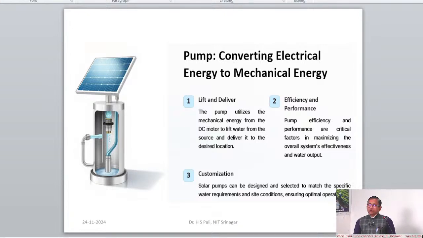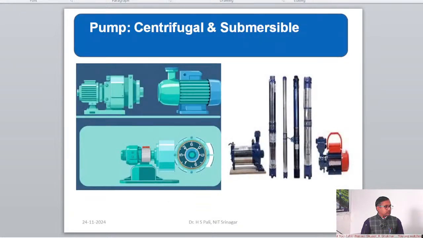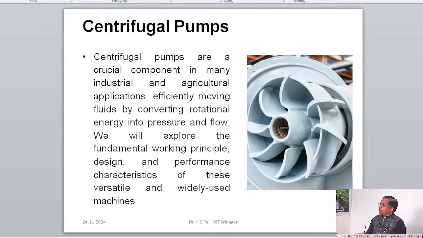These are the two types of pump we generally use. One is the centrifugal, another is the submersible. Centrifugal pumps work on the centrifugal effect, or you can say force. Centrifugal force is the main driving element which can transfer the water from a lower level to the desired location.